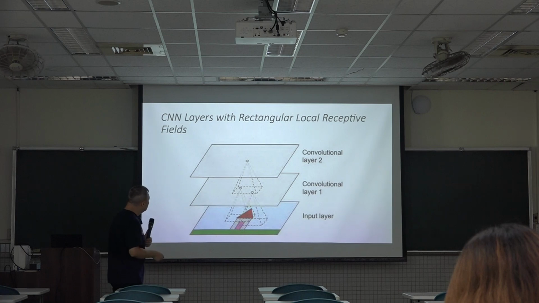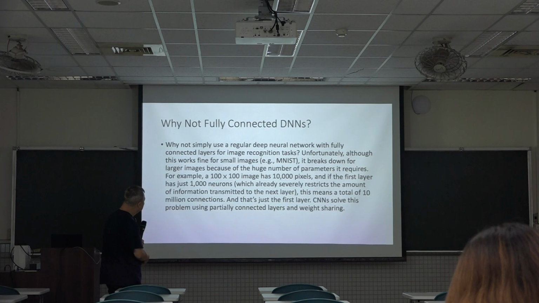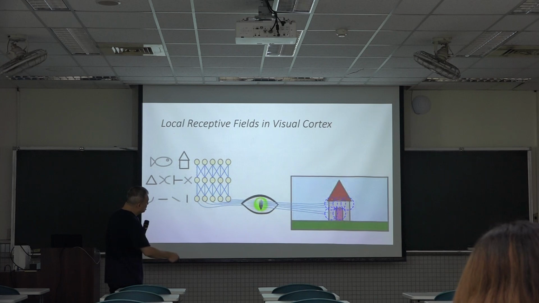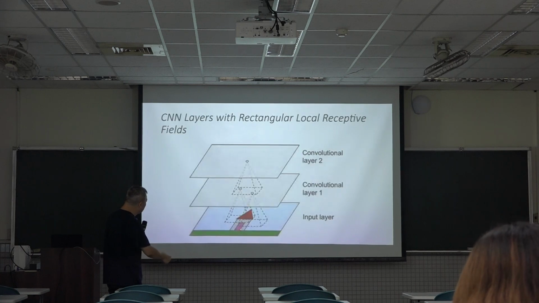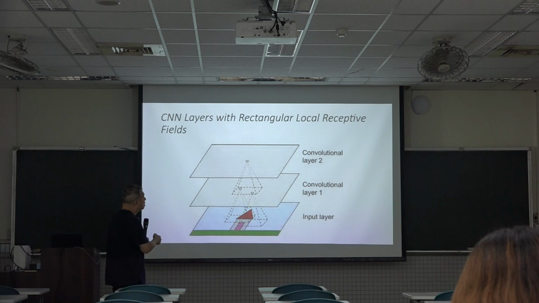So you can see this idea is similar to this one. The only difference is that here each receptive field is a circle, but here each receptive field is actually a rectangle.